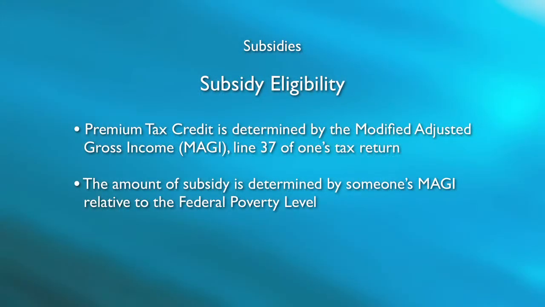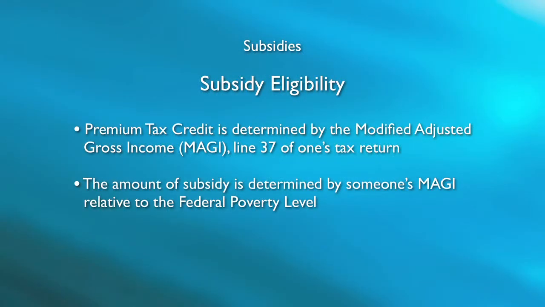The premium tax credit is based on the modified adjusted gross income, which is line 37 of one's tax return. Now, I never offer tax advice, nor should any other insurance agent. But any concern about how someone's specific modified adjusted gross income should be calculated should be directed to a tax professional.